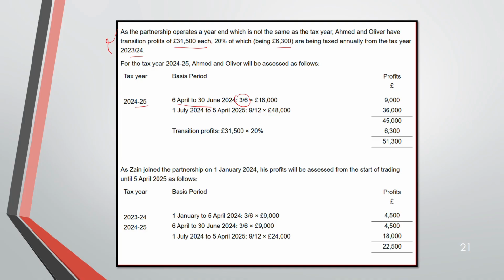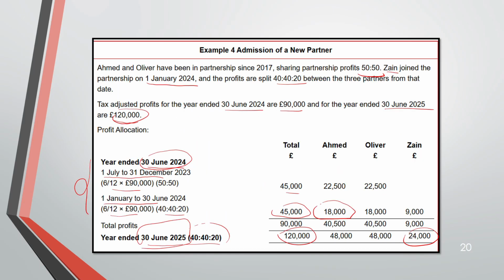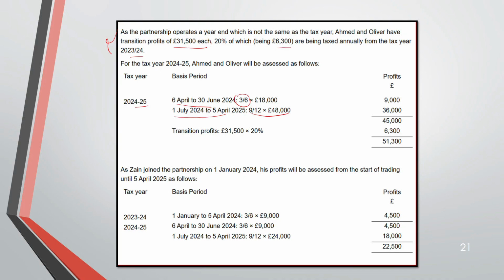And then from July to 5th April, it is still in the same tax year, which is 9 months of 48,000. 9 months of this one. This 48,000 you have to take. Ahmed's total, because it is year ended 30th June 2025.